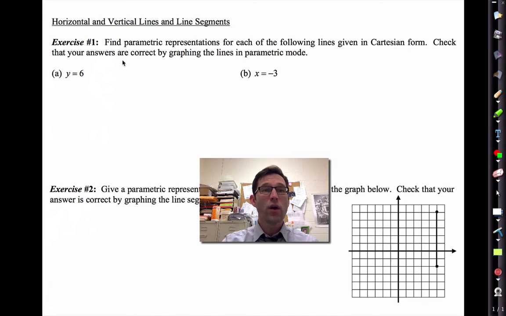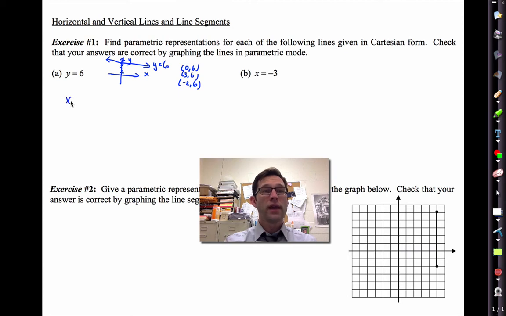So, for instance, we know y equals 6 is a horizontal line, 1, 2, 3, 4, 5, 6 units. We want something that gives us all those points. So points like 0, 6 and 3, 6 and negative 2, 6. Whatever we do has to give us those points.